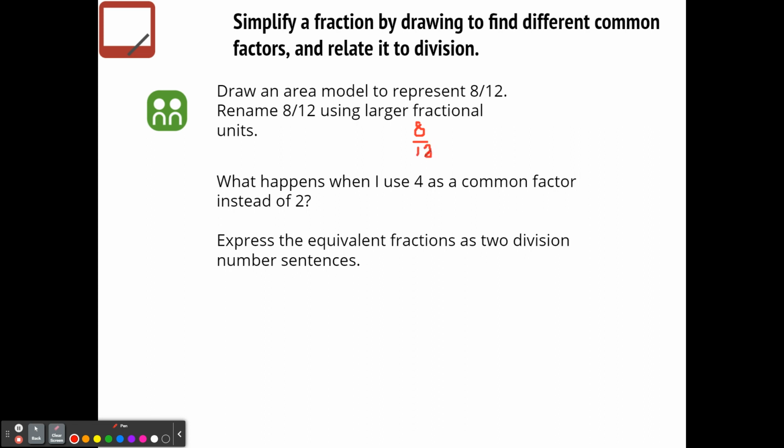Now I want you to do it again if you haven't already, and I want you to use 4 as your common factor. And what happens to the units? What happens to the picture when you use 4 as a common factor? And of course, write them as 2 division number sentences.